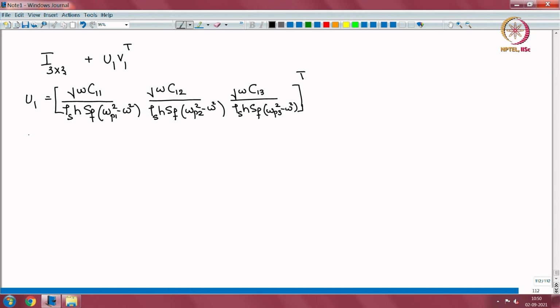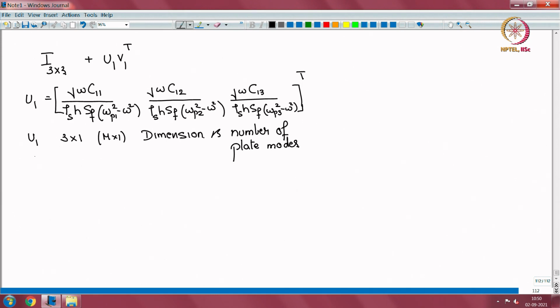So U1 is 3 cross 1. Okay, or rather it's m cross 1. So the dimension is equal to the number of panel modes, plate modes, that we are considering.